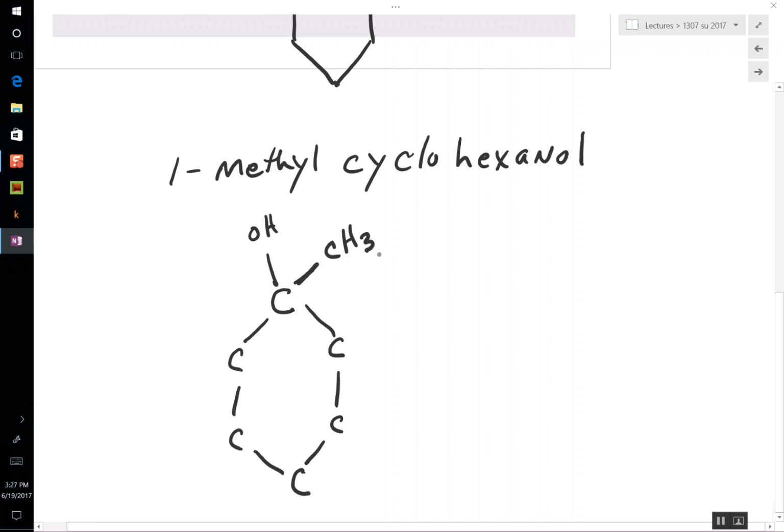There's your 1-methylcyclohexanol. Remember, every one of these carbons in cyclohexane has 2 bonds coming to it, so we could actually have a methyl group right there.